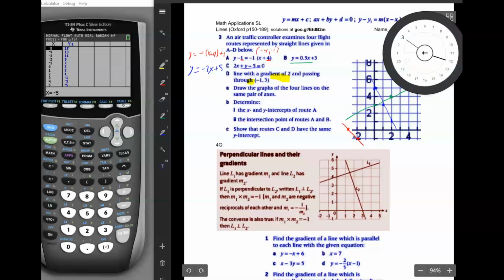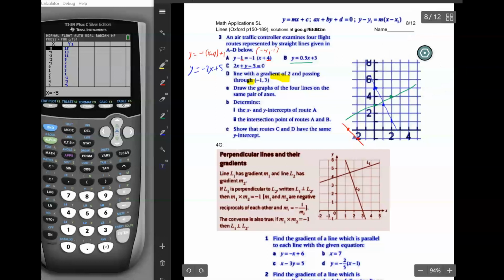So it goes through the point -1, 3, which is here, and then it's going to have a gradient of 2. So that means over 1 and up 2. Over 1, up 2. Right? Okay, so that is line D, yellow.